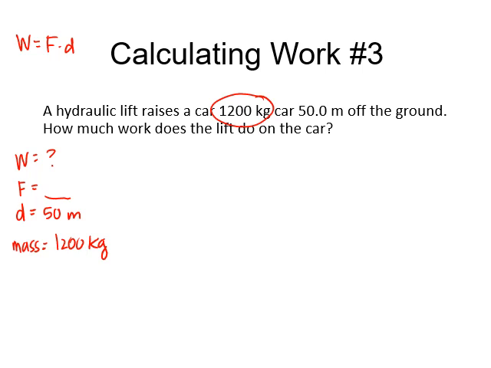Well, force is equal to mass times gravity. So force equals mass times gravity. Gravity, of course, on Earth is 9.8 meters per second squared. We're going to need to know our mass in kilograms.